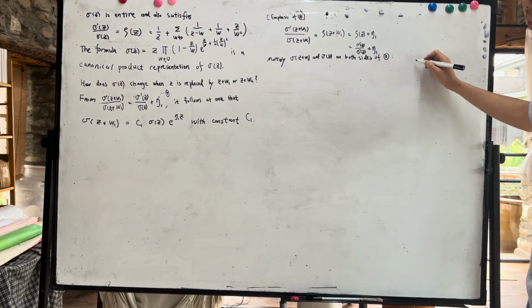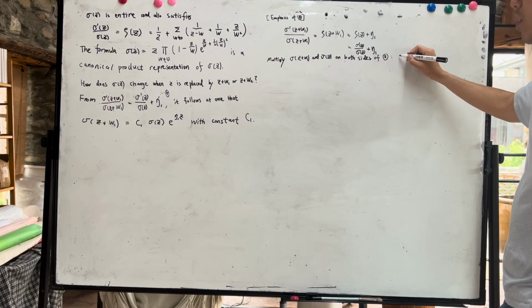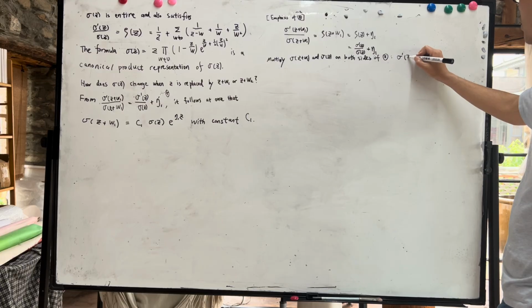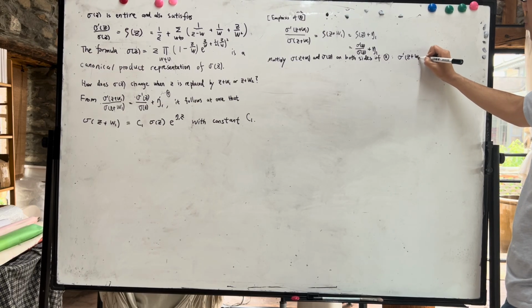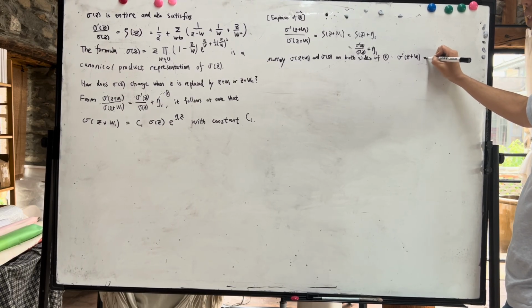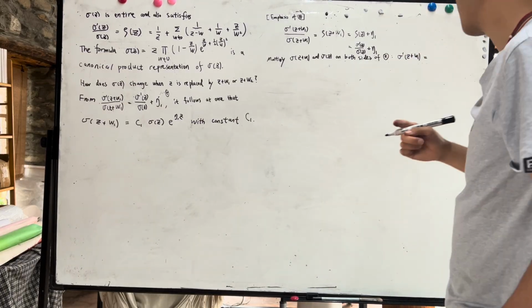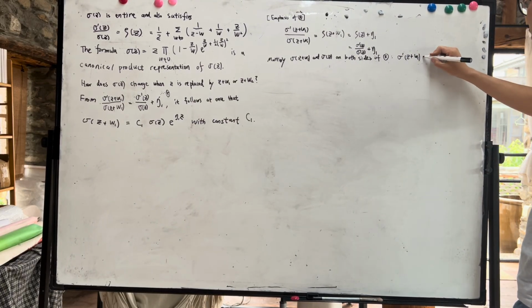So the left hand side becomes sigma prime of z plus omega 1 times sigma z.